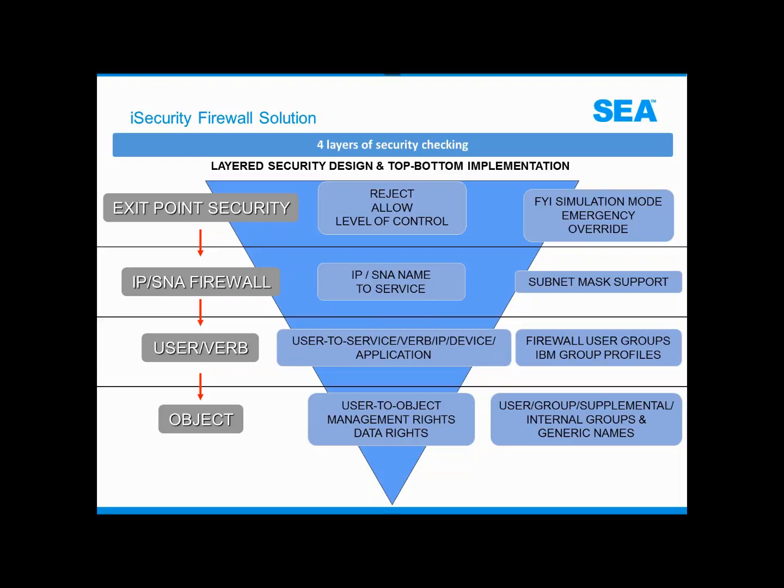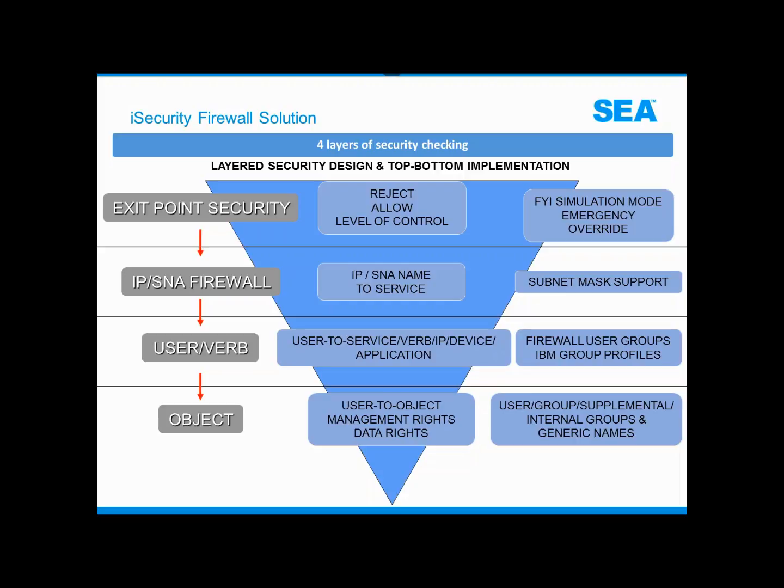You can have your native object security already in place, but what if you wanted to make it different when someone is using an exit point to come into the IBM i? You do not want to give them that kind of access to a specific object, whether it's a production object or a sensitive credit card file, or whatever the case may be.